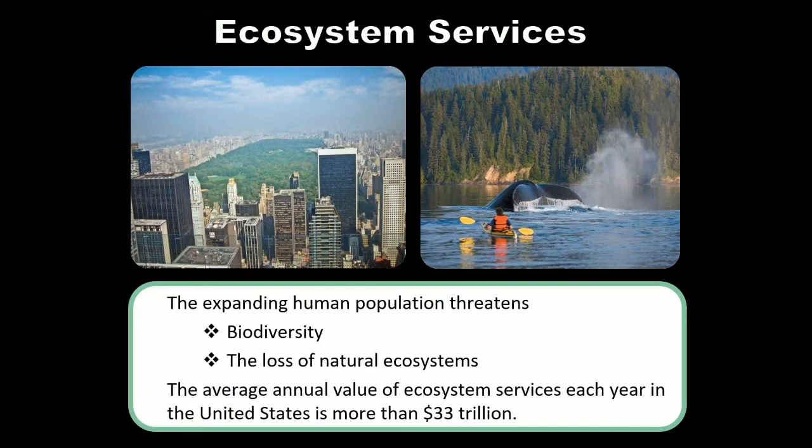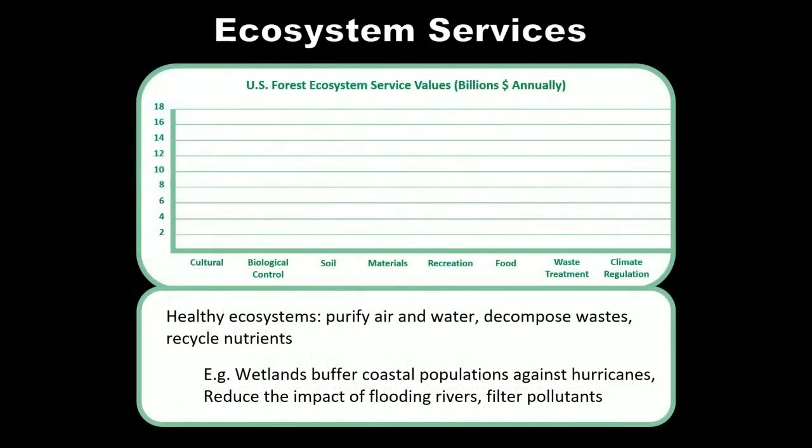Okay, what kind of services am I talking about with ecosystem services? Well, fortunately, the U.S. Forest Service has actually published a chart for us to be able to use for specific types of ecosystems. So here's one for the U.S. forest ecosystems. What kind of services are provided to us in terms of billions of dollars annually?